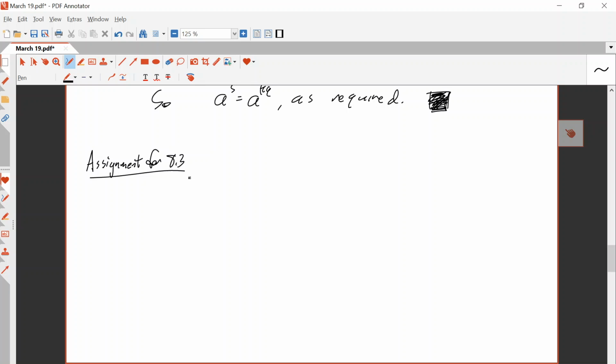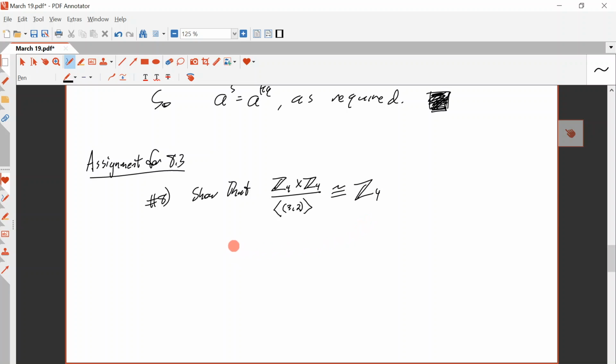All right, so 8.3, number 8. You're trying to show that Z4 cross Z4 mod the cyclic subgroup generated by (3,2) is isomorphic to Z4.